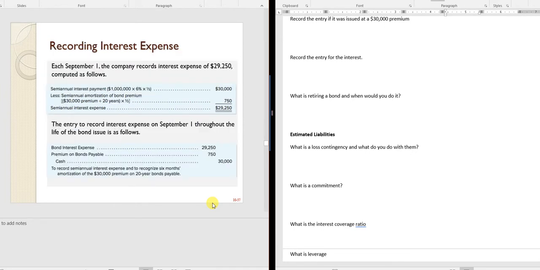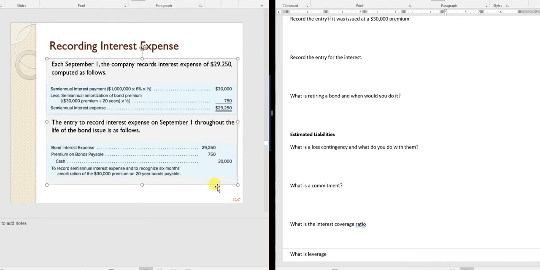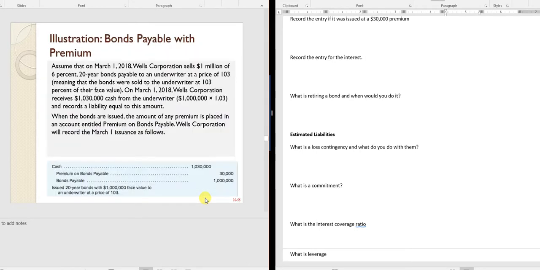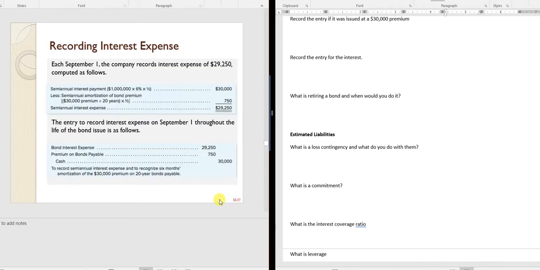The interest expense would be, cash is always $30,000 because that's what I'm paying, and I know the premium in my previous journal entry was a credit. So when I amortize it, I get rid of it. So I debit the premium, which forces my bond interest expense to be less, which should make sense because they sold at a premium.